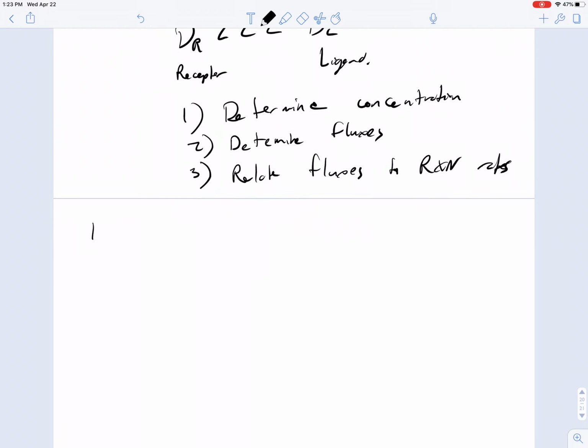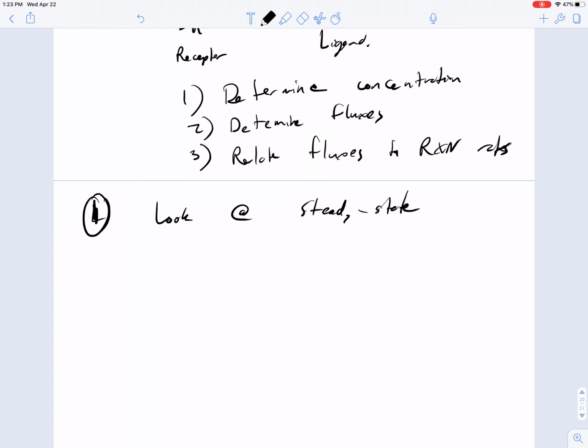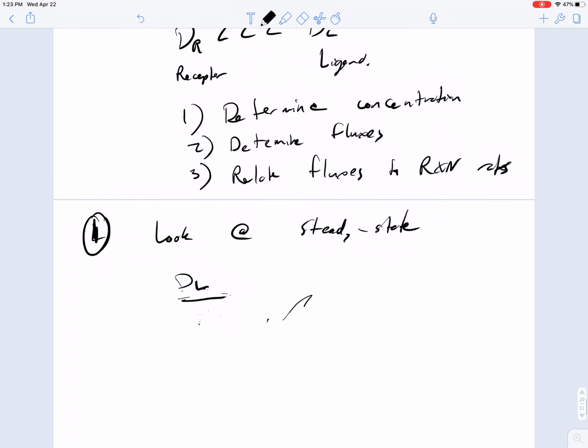So for starting, we can calculate fluxes by calculating distributions. So one, look at steady state. Diffusion for a reaction in 3D: D_L over r squared, d by dr of r squared dC_L dr equals 0.